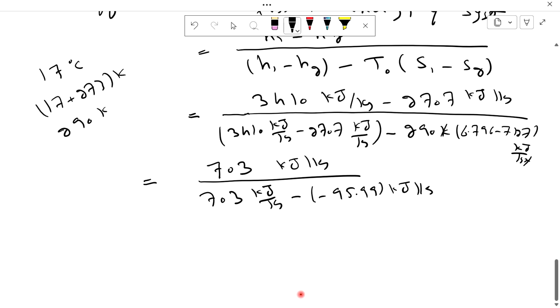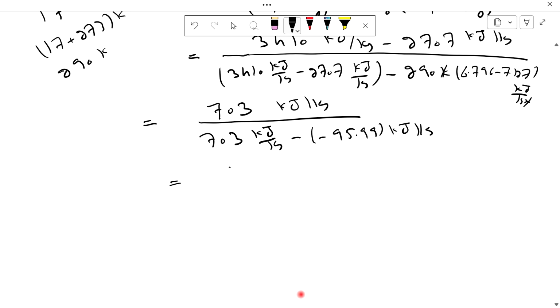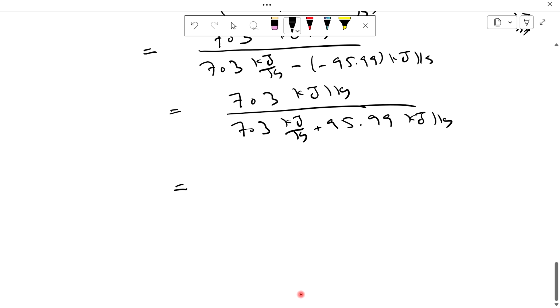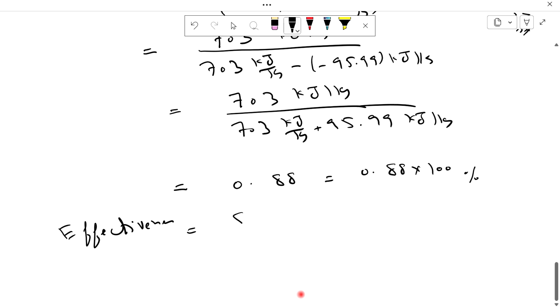So this minus multiplication is equal to plus, so this is equal to 703 kilojoule per kg divided by 703 kilojoule per kg plus 95.99 kilojoule per kg. Further simplify, this final answer will be equal to 0.88, and in percent multiply by 100. So the final effectiveness value will be equal to 88%.